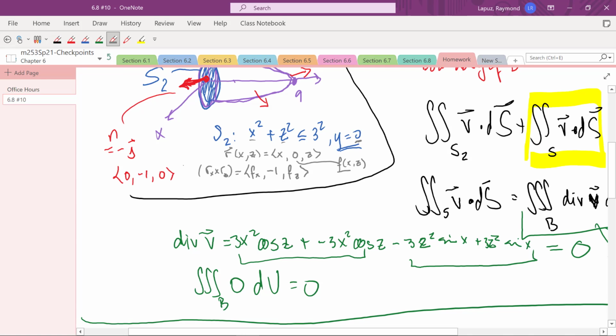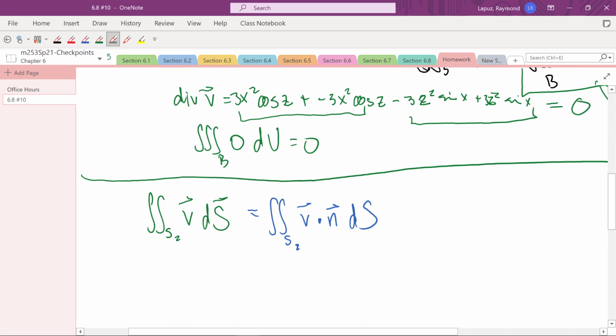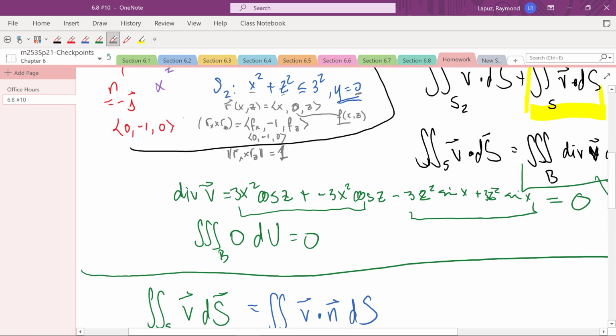But the derivative of f with respect to x and the derivative of f with respect to z are 0 because the function f itself is 0. So 0, -1, 0. And the ds without the arrow on it is the magnitude. So the magnitude of this is just going to be 1. So our ds will just be 1 times dA.